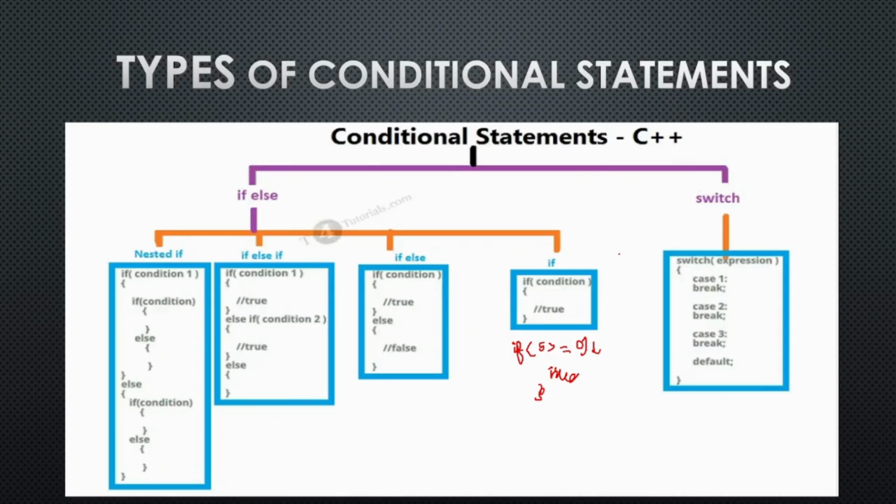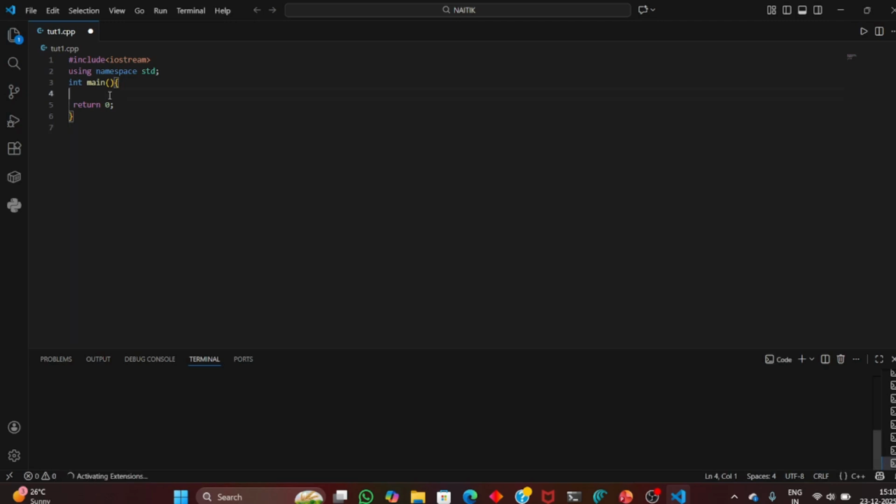So let's see this in our Visual Studio Code so that we can understand it properly. First of all, I will input a variable x into the C++ code, equal to 4.